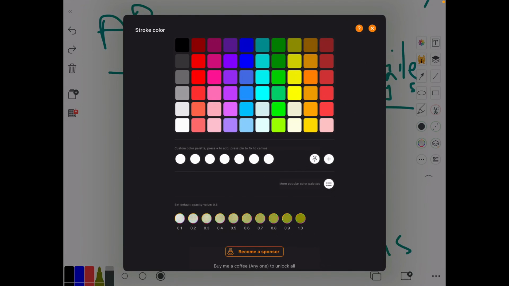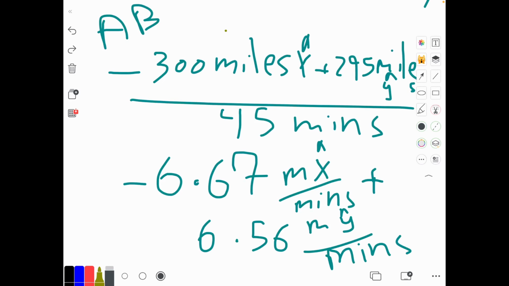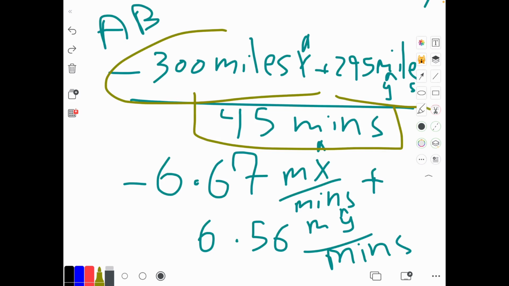It's going to be easier to find for Atlanta and Birmingham because I have negative 300 miles x hat plus 295 miles y hat, and we divide that by 45 minutes, because that's the flight time between Atlanta and Birmingham.